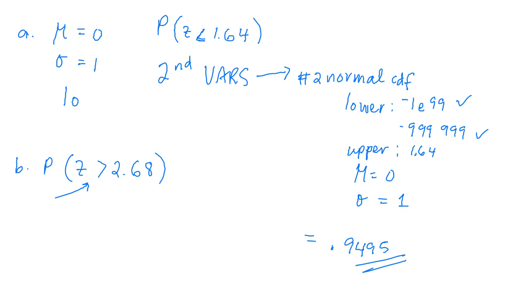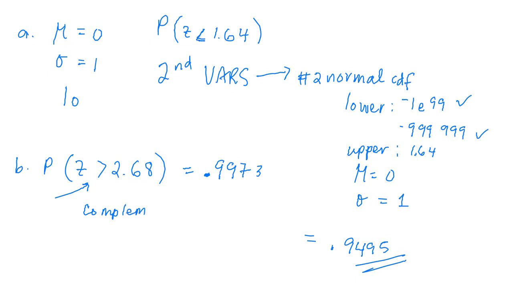So let's go ahead and try that. Second vars, lower is negative 999,999, your mean is 0, your standard deviation is 1. What do we get here? I have 0.9973. Since this is greater than, we're going to use the complement rule.